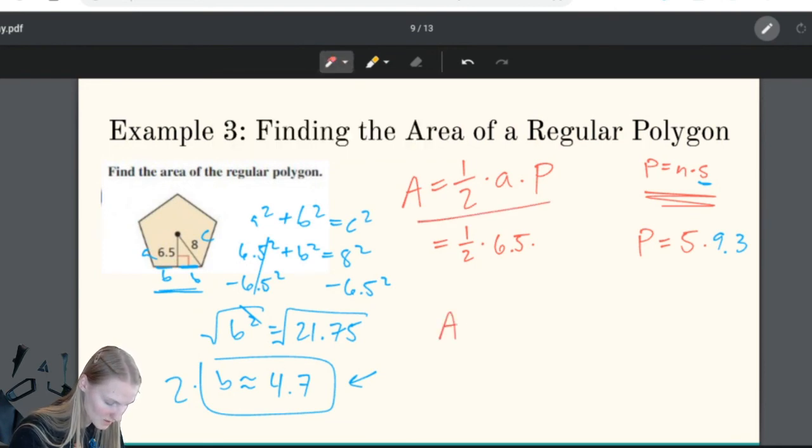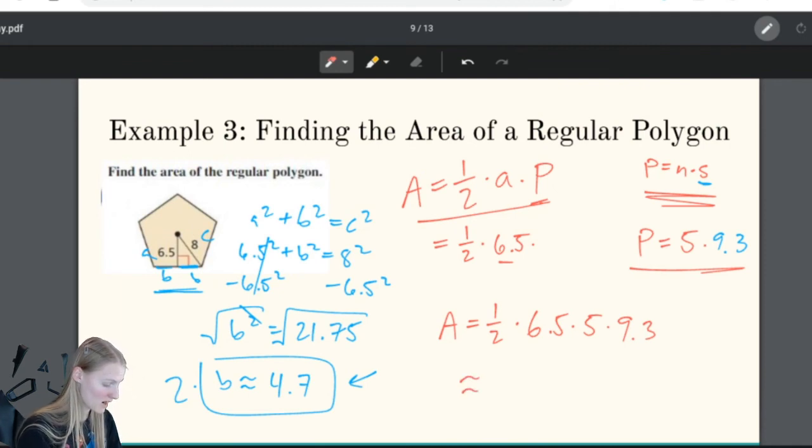We have 1/2 times that apothem, which was 6.5, times the perimeter, which is 5 times 9.3. And if we put that 1/2 times 6.5 times 5 times 9.3, I get 151.125.